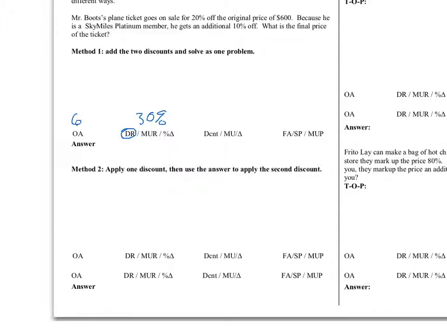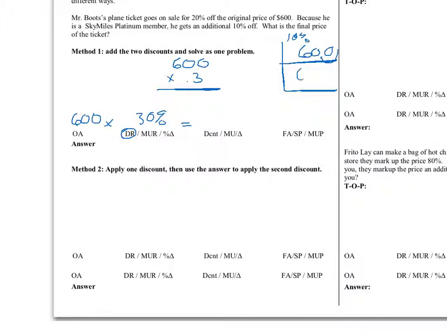Our original amount is $600. And that would tell us that our discount is 600 times 0.3. Doing my quick benchmarks over here, 10% would be 600 times 0.1, which is 60, and 50% would be 300.